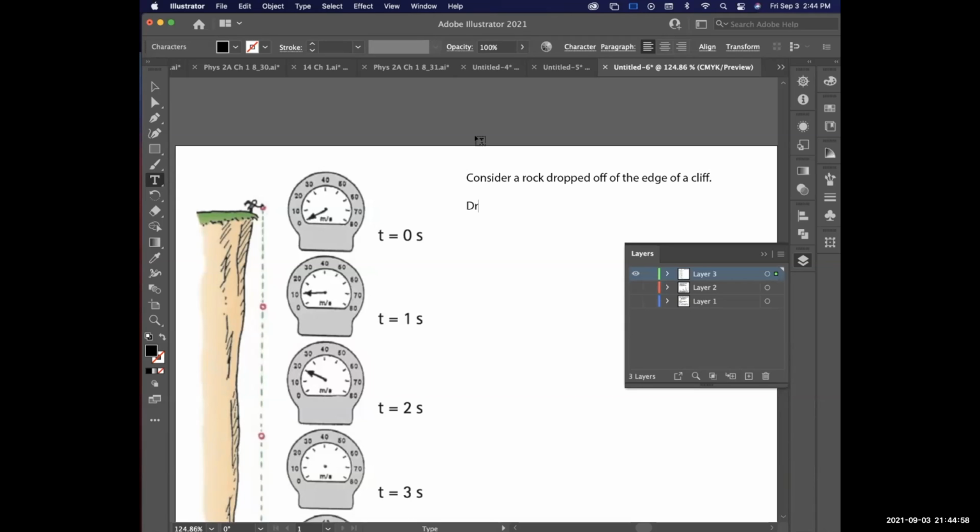Dropped means that the initial velocity is going to equal 0 meters per second.